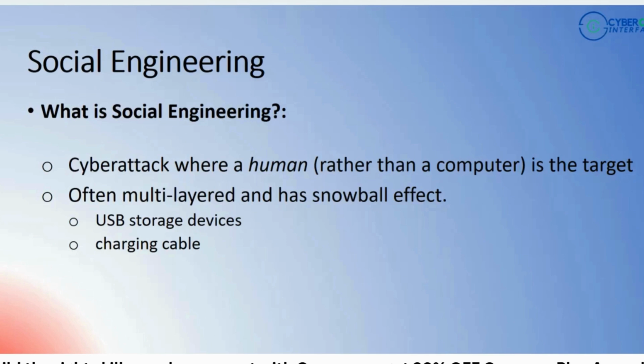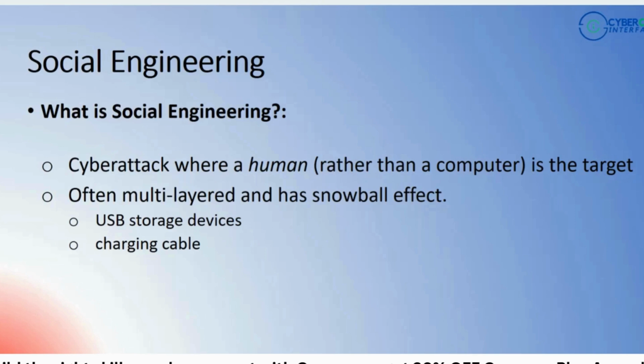Basically, the human being is the target, and this is usually multi-layered and has a snowball effect. Multi-layered in the sense that they need different levels of access to you. Social engineering involves having a little information, and then that little information will be used to get more information from you.